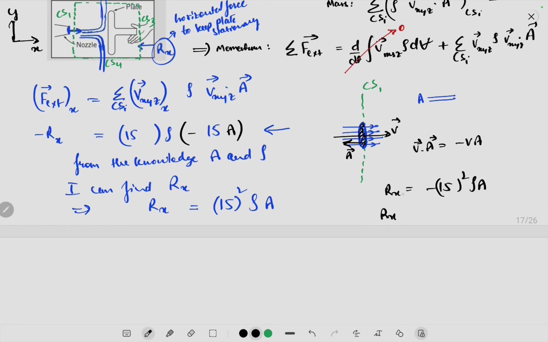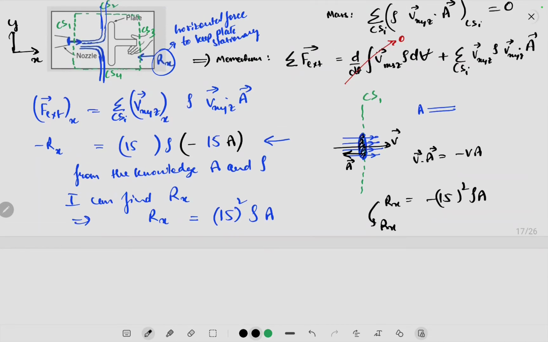So Rx in this case will be directed along the positive x-axis and not in the negative x-axis that I have taken. But we got positive here. This means that the sign of the Rx that we have taken is correct. Okay, so this is the direction of Rx.